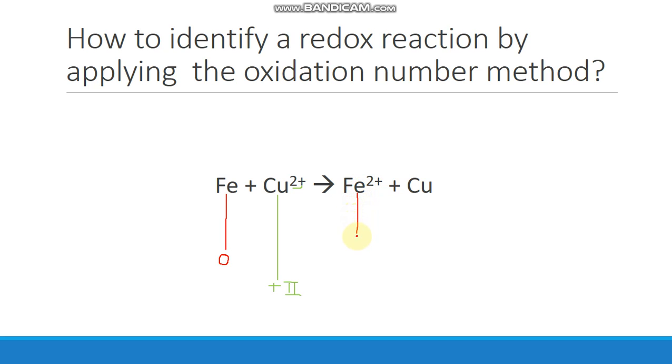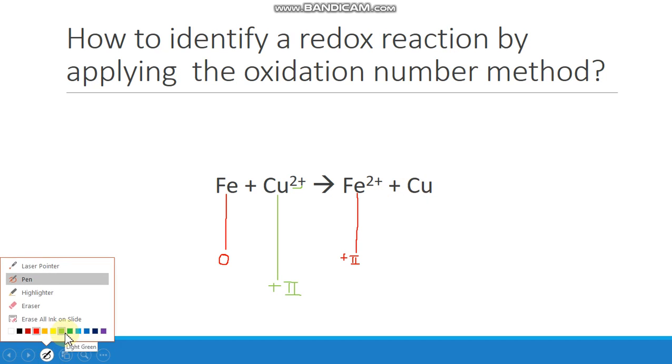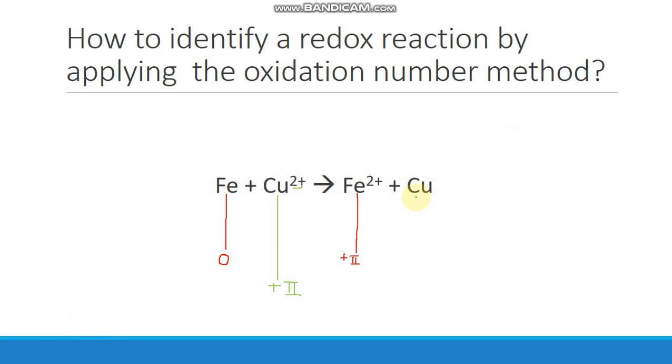It should be +2 because the charge is 2+. Bravo. Now we have Cu. What's the state of Cu? It's in its elemental form. So its oxidation number is what? It is 0. So we draw a line like this and write 0.